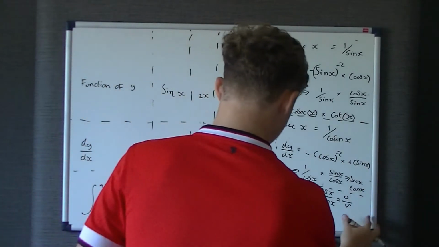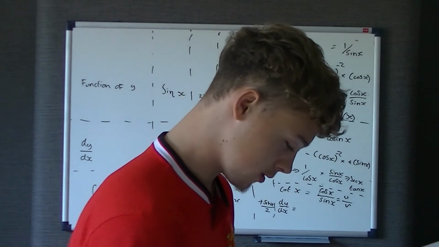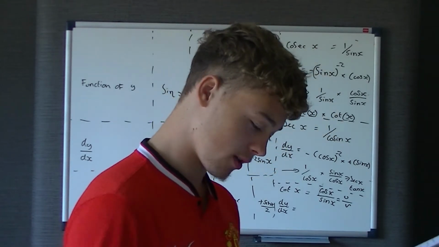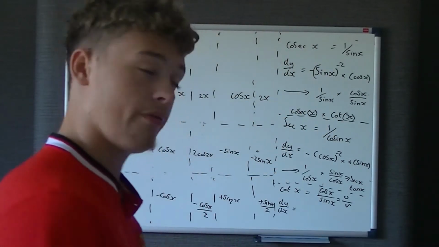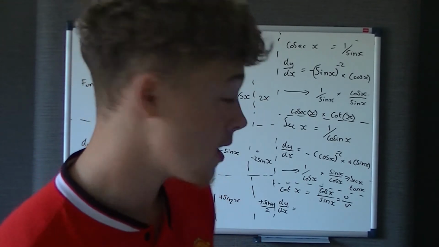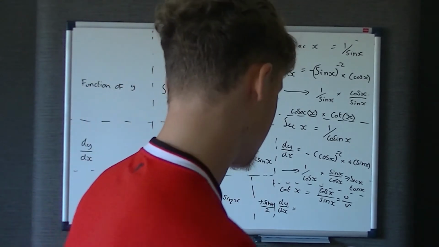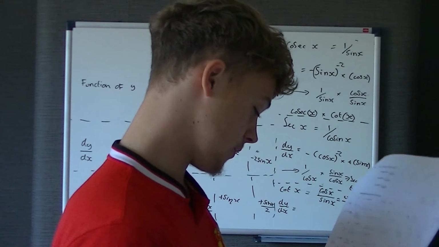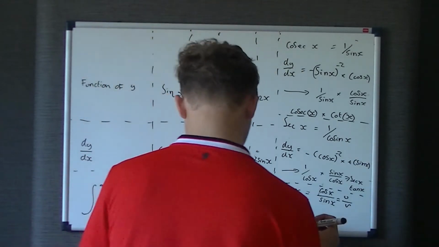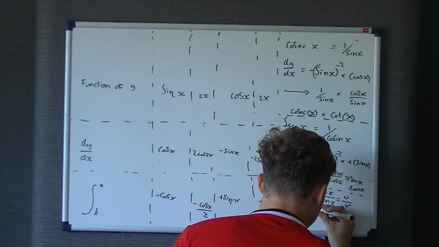So we do the same thing. If you cast your mind back to the rules, we simply do v times the differential of u over the differential of x, take away u times the differential of v over the differential of x, all over v squared. So that gets us sine x times minus sine x.